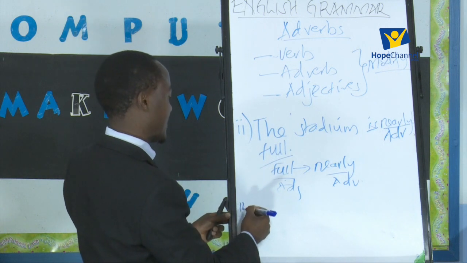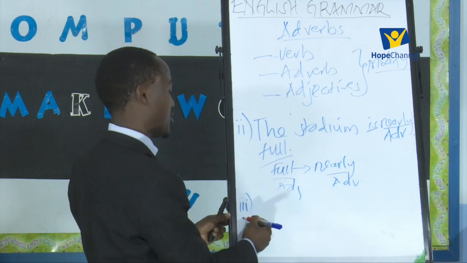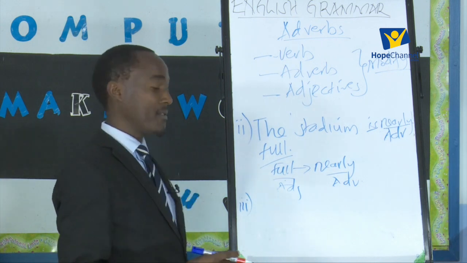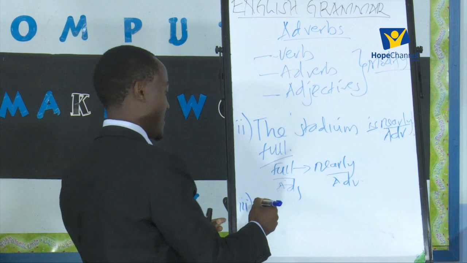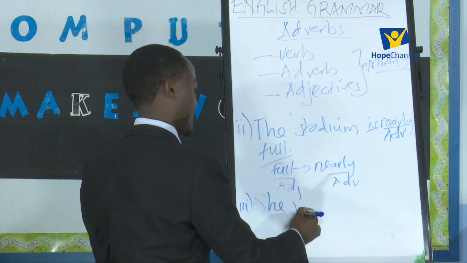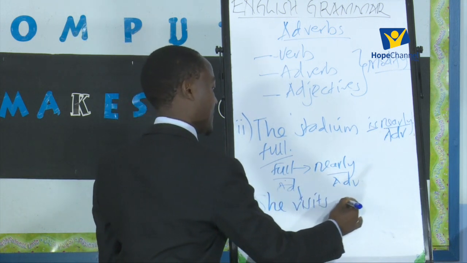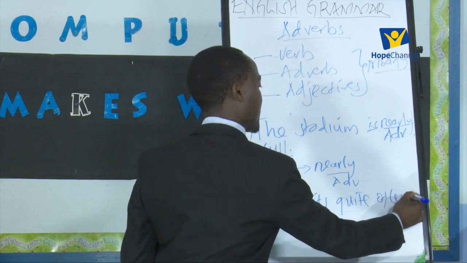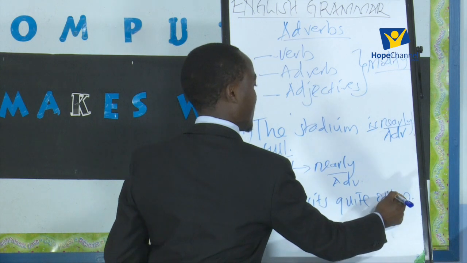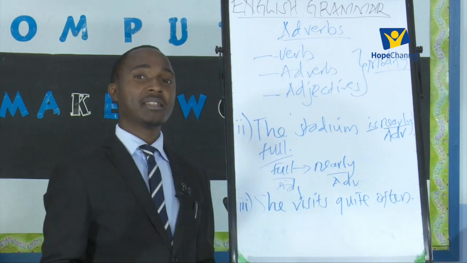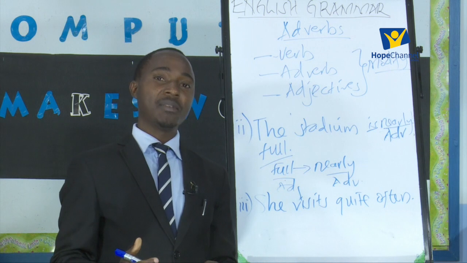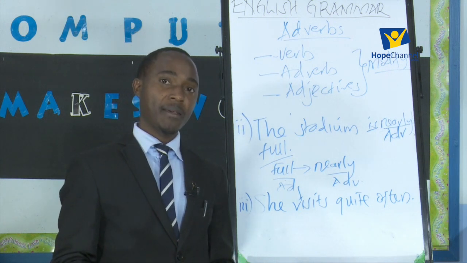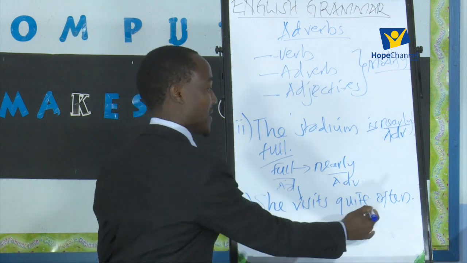In another sentence, to show how an adverb can be used to modify another adverb, for example, she visits quite often. We can simply say she visits often, that means she frequently visits. But then we want to qualify.